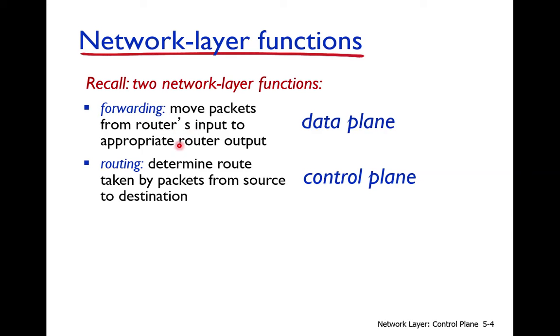So we have two functionalities. One is the control plane, that is computing the route from source to destination, and another is the data plane, where once the route is computed, the packet is forwarded along that path. In chapter number 4 we discussed the data plane, and now we are going to discuss the control plane in detail.